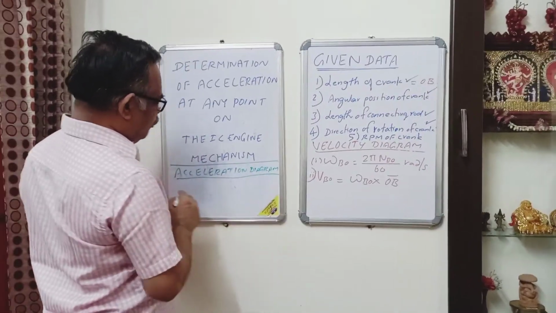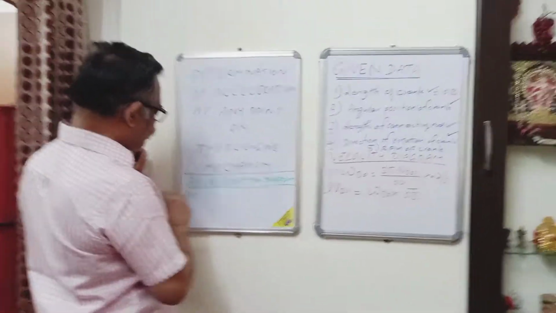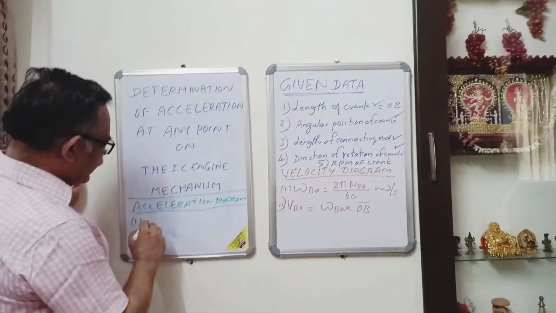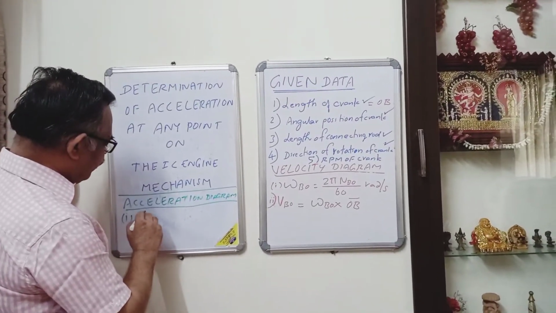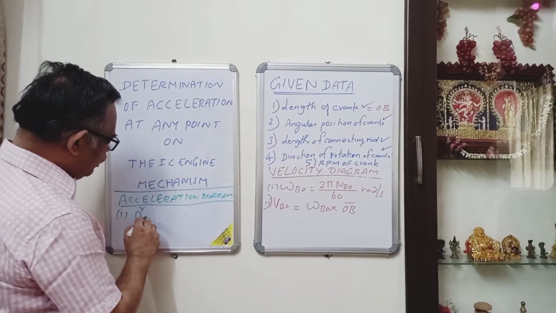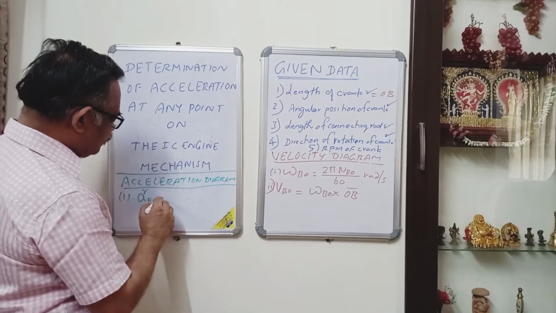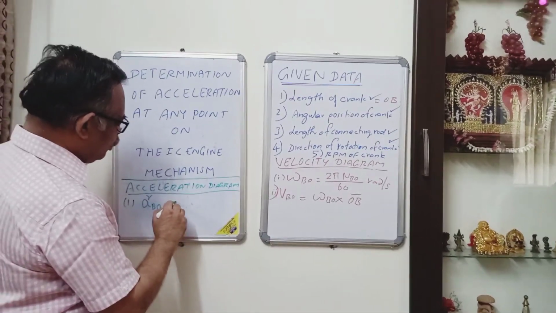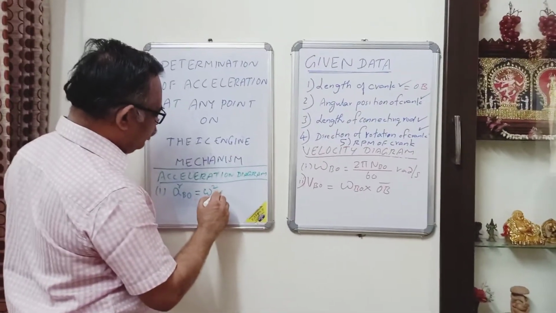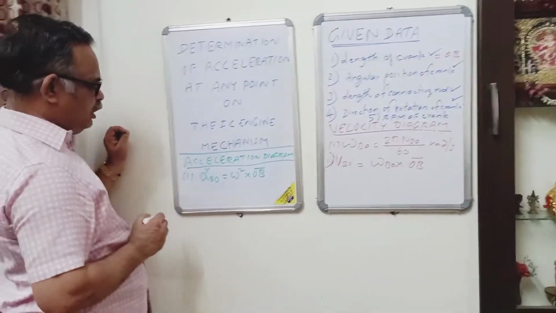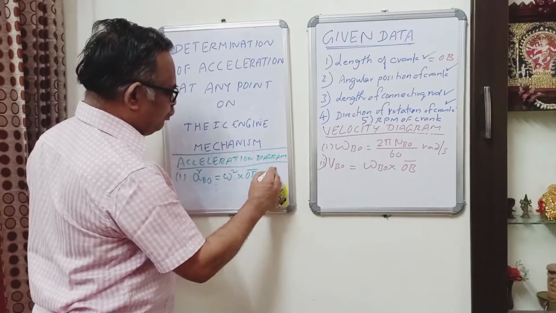Our first step is to find the radial acceleration of the crank, that is A radial B with respect to O, which is equal to omega square into length OB. This is the first step.